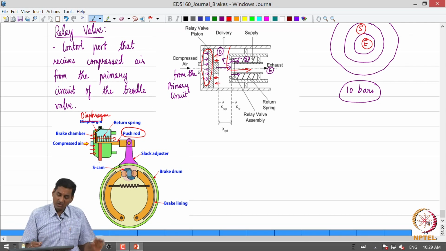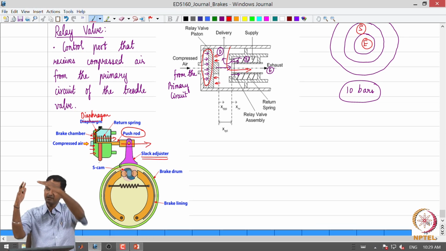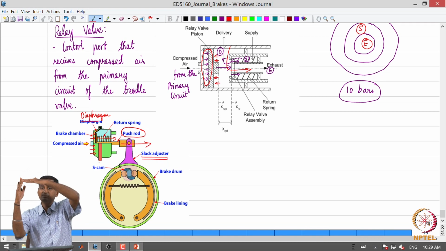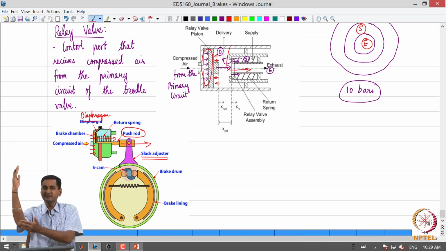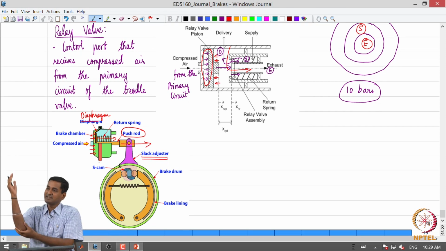When the push rod comes out of the brake chamber, it rotates a component called a slack adjuster. A slack adjuster is nothing but a lever on which a force is applied by the push rod. The lever is mounted on a shaft on splines, the teeth-like projections we have already seen.